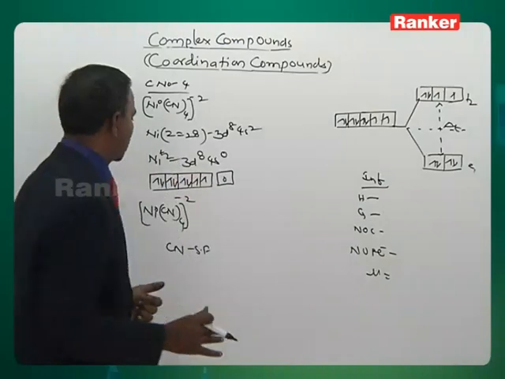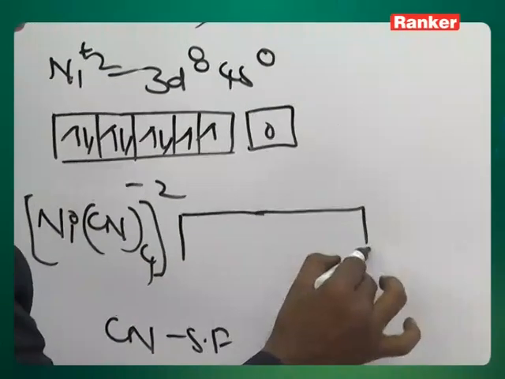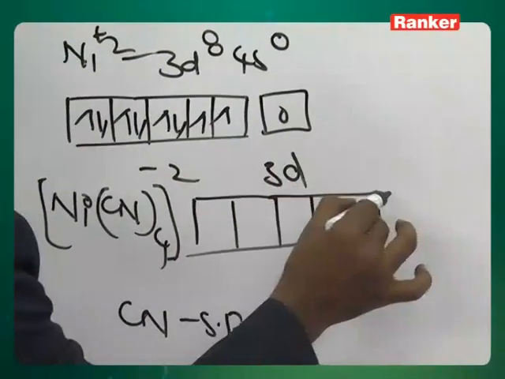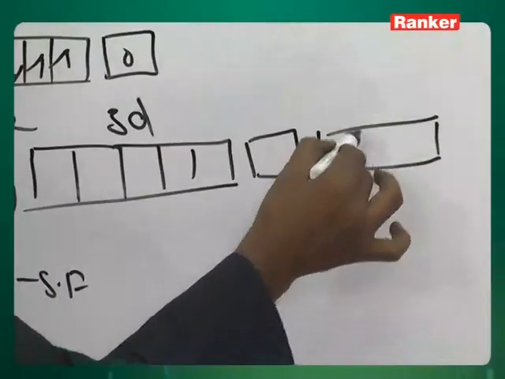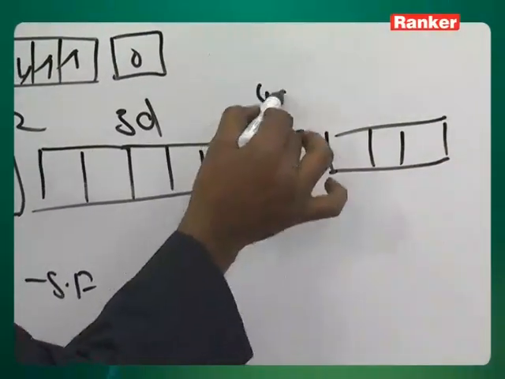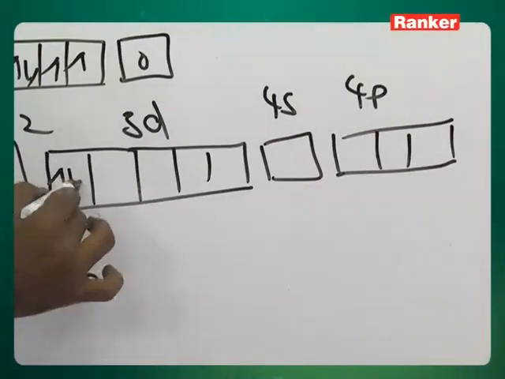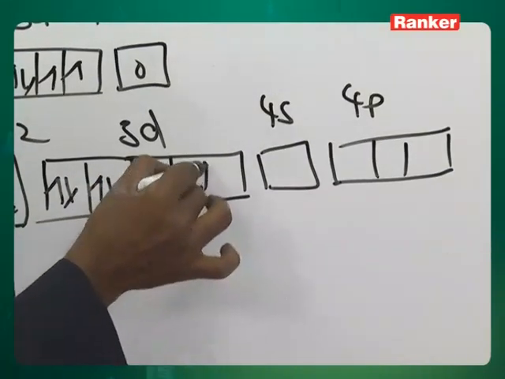Now, let us pair up these 8 electrons in the complex. The rearrangement of electrons takes place. 8 electrons are getting paired: 1, 2, 3, 4, 5, 6, 7, 8.